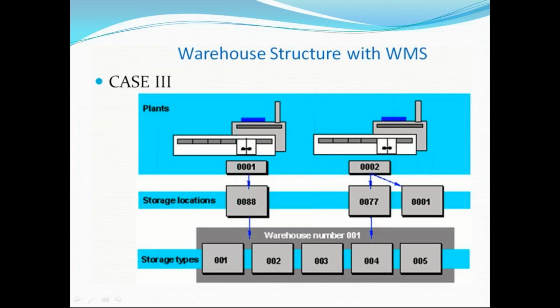The other plant is also sharing the same warehouse number, that is 001. 0002 has two storage locations 0077 and 0001, but 0077 is linked to the warehouse number, and the other storage location 0001 is an IM managed storage location.